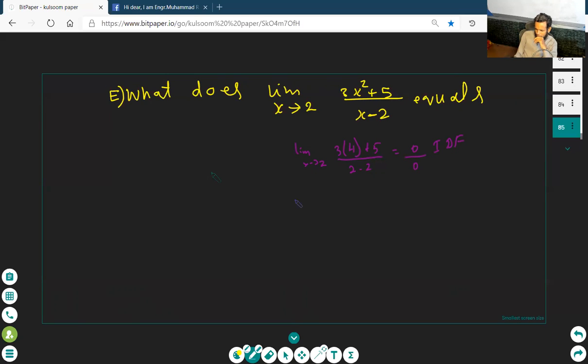Okay, solve it. When there is an indeterminate form, then we will use another method. You cannot factor. Sometimes we get 0 by 0 form, then there is another method to find the limit.